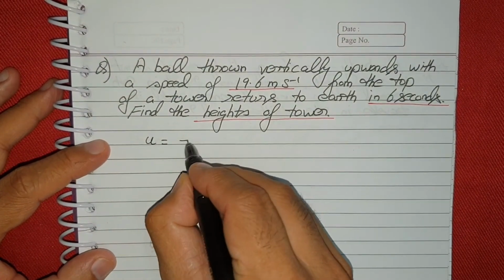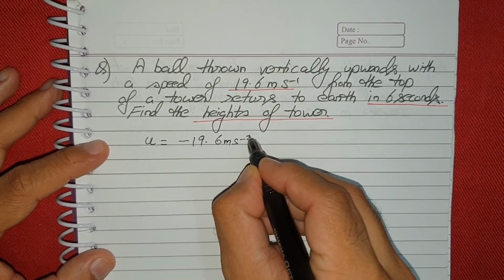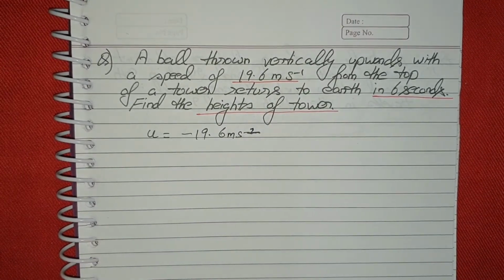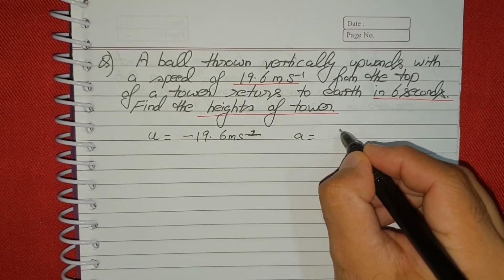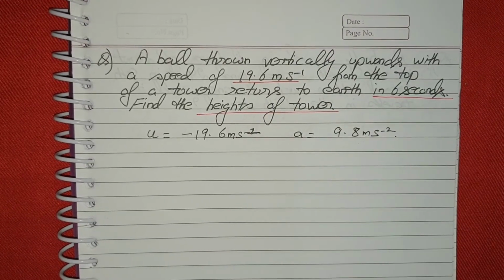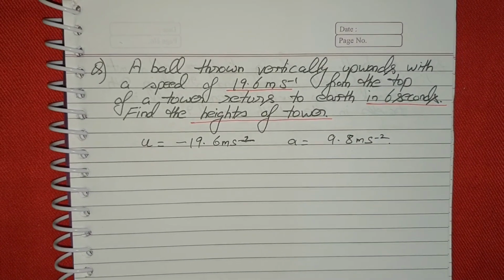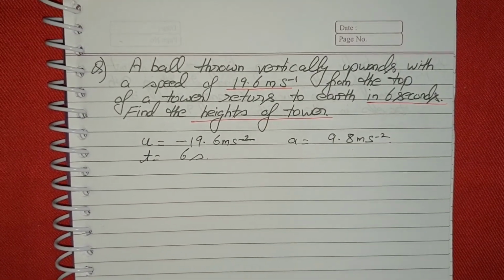Taking u as the initial velocity, it will be minus 19.6 meter per second, because this is thrown upward. Acceleration is downward, so 9.8 meter per second square. How much time has it taken? It has taken t as 6 seconds. Total time is 6 seconds.